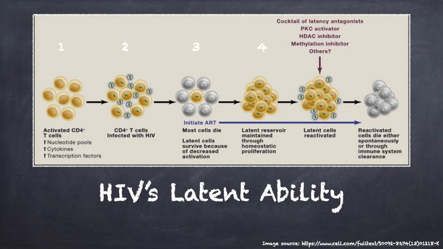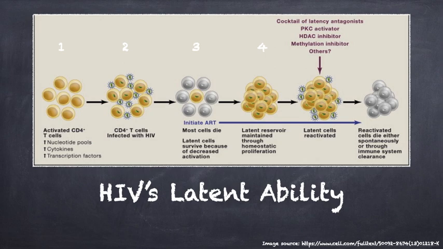Now it's a good time to show this picture. This is what I mean by the HIV's latent ability. So as you can see, step one, your cells, these are normal cells. Step two, now your CD4 T helper cells are infected with HIV. Now, let's say you initiate ART therapy, which we'll get into, which is the medicine.